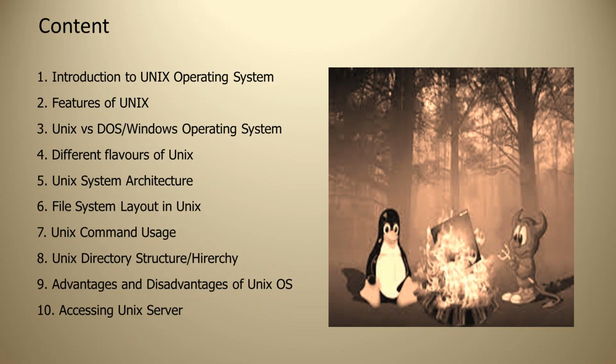Few common ones are there, and we'll discuss the important ones. Thousands are there, all are not required. Around 20 are important, and we should know those. Then advantages and disadvantages of the Unix operating system. And for a Unix server installed somewhere, how to connect using the PuTTY tool. Okay, so these are a few topics. Let's see how much we can complete. 1 hour will do.